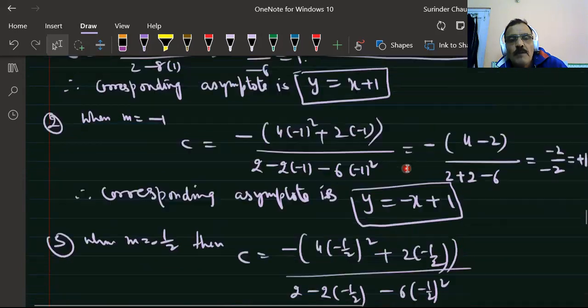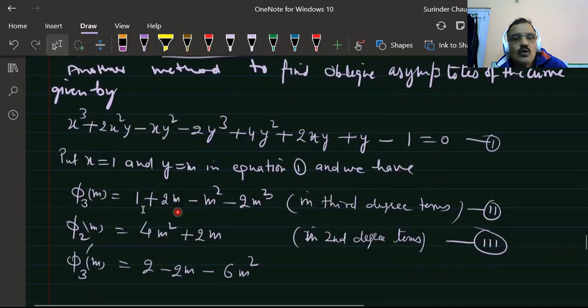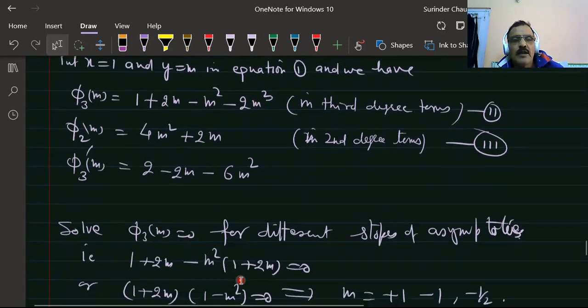So put them in, and you can find phi 1 of m and phi 0 of m. Phi 3 of m derivative we can also get.